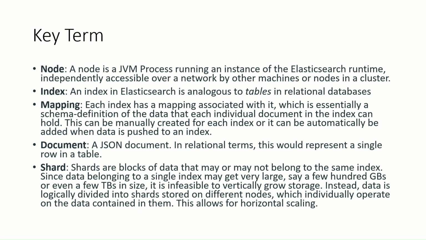Mapping is associated with the index, and it is essentially a schema definition of the data that each individual document in the index can hold. This can be manually created for each index, or it can be automatically added when the data is pushed to an index. Coming to the document, I already showed you how the document looks. It is a JSON document and it has key value pairs.